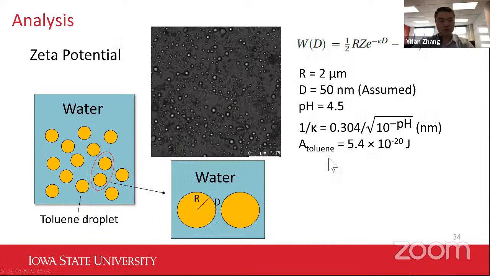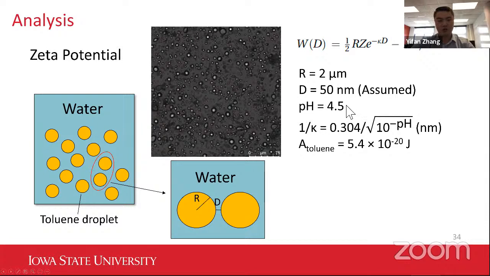Another thing we can do to make sure the emulsion is stabilized by our system is the zeta potential. This is a model we are really familiar with. From the image I took on the microscope, I can assume some droplet size and distance between these two droplets.